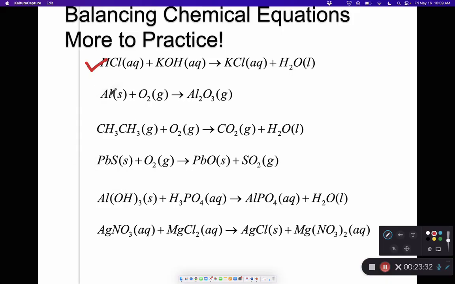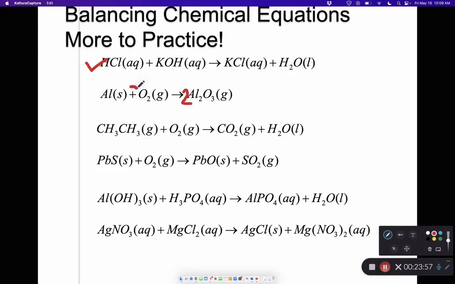Let me go. This is aluminum here, oxygen, 2 aluminum here. I have 3 oxygen. Whenever you see 2 on one side and 3 on the other, in order to make both of them equal, you want to make them 6. That is the hint. If you multiply this by 2, oxygen becomes 2 times 3, 6.